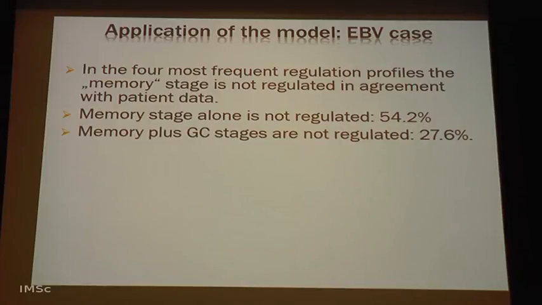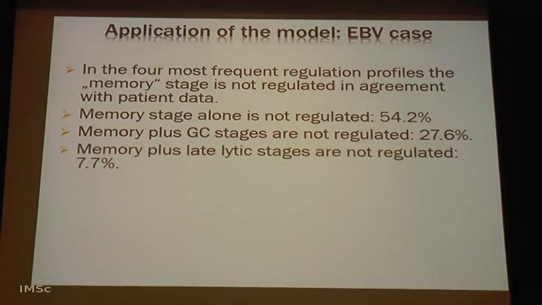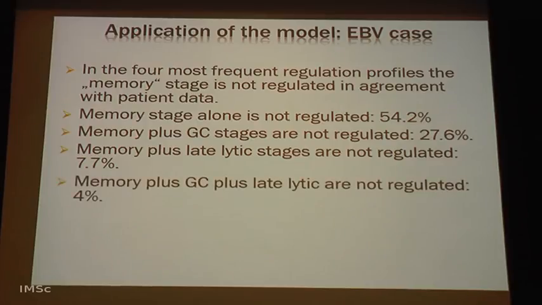Then memory plus germinal center stage is not regulated, is about 30%. Memory plus the lytic stages, those stages before the cells start producing more viruses, is about 8%. And then we have this one that is sort of less frequent.